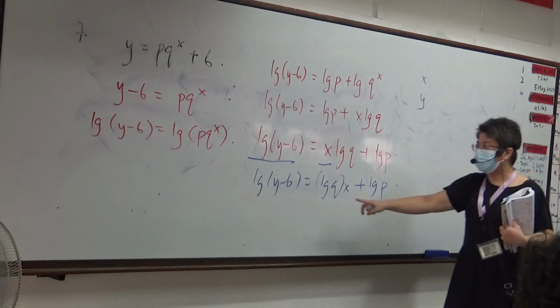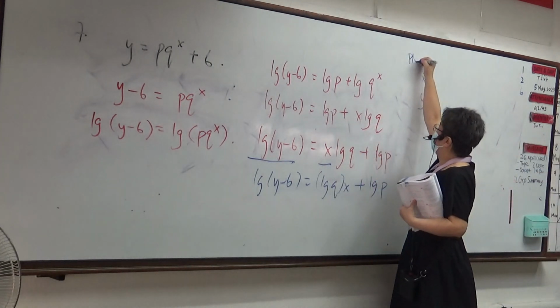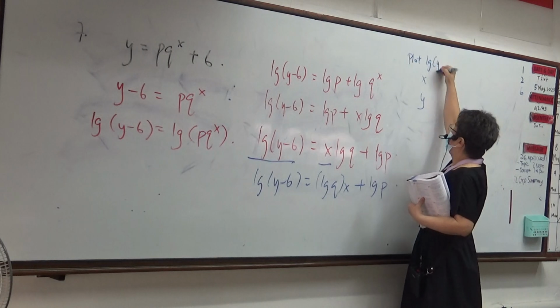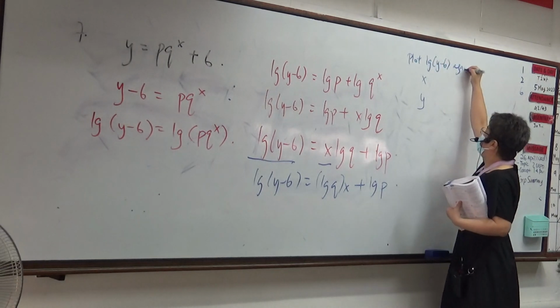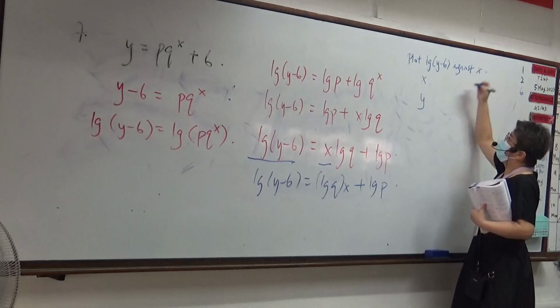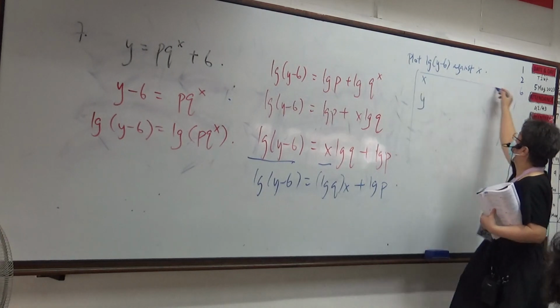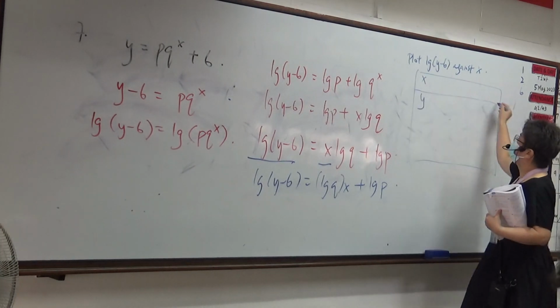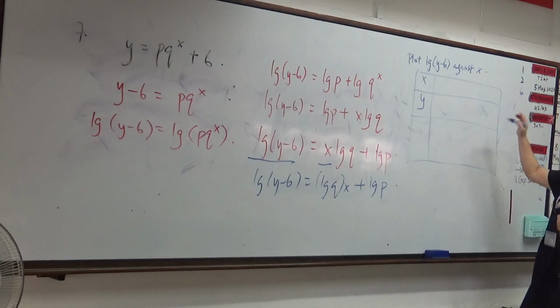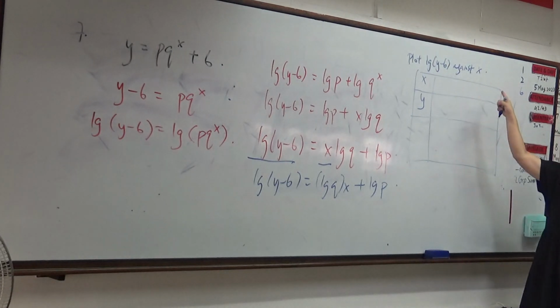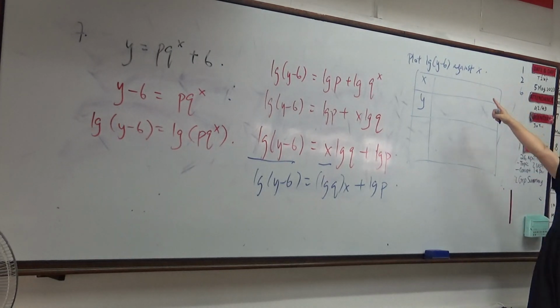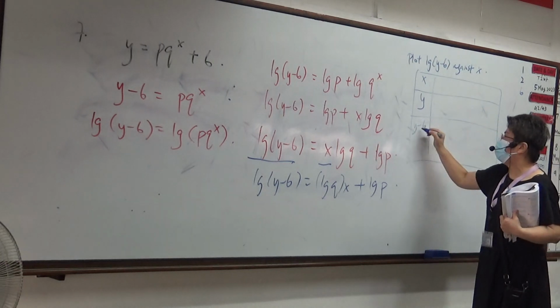Now, I must plot. Do you agree that the x value doesn't need to be refined already? Because it's x. But I need to know what is y minus 6, right?